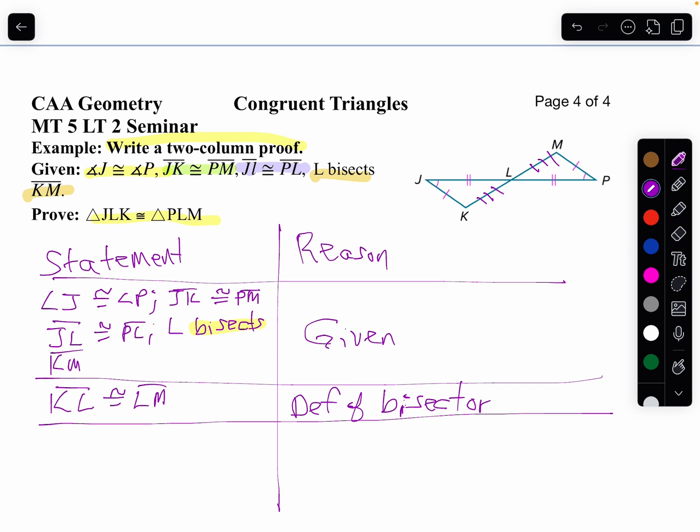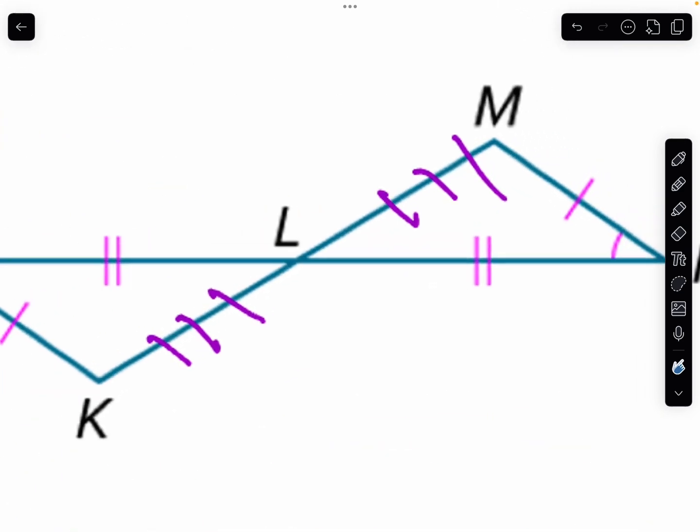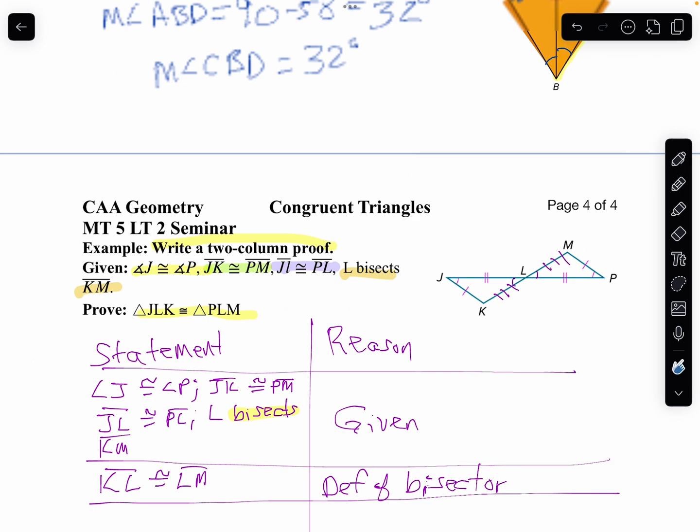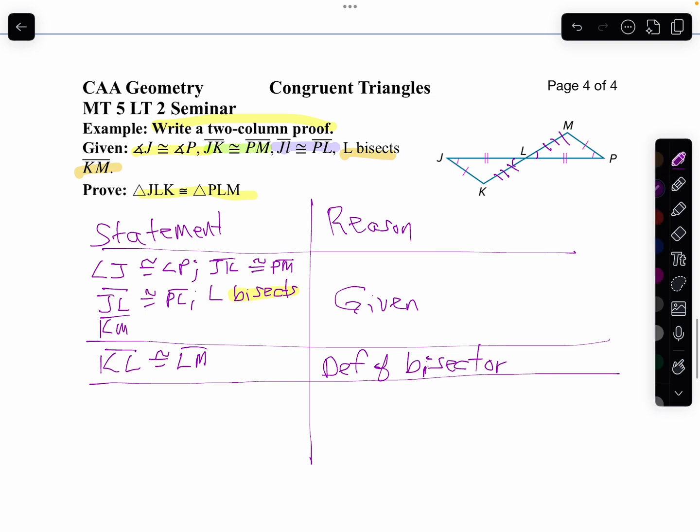Now I got to work on my angles. And this is where we have to use some prior knowledge. Notice the two angle L's, they intersect in the middle there, they cross. I know they're congruent because they're vertical angles. And so now, you can't just say angle L is congruent to itself because that'd be reflexive and it's not the same angle.